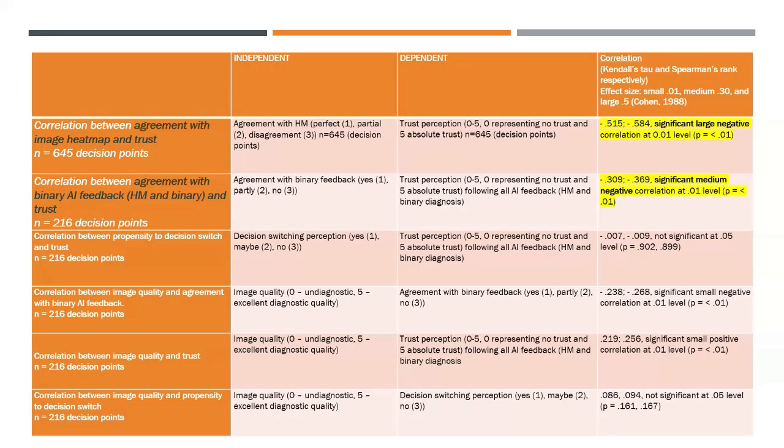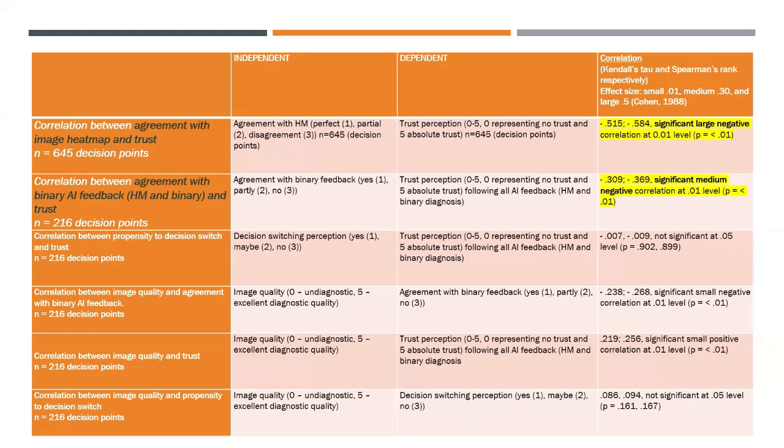So the focus of this study, as a recap, was the lack of trust of these clinicians, and we wanted to investigate whether there's a pattern of factors which may cause this. The results demonstrated that it was the agreement, obviously, between the AI and the user decision which was the main contributing factor. But the bit I want to draw your attention to is the strength of the two significant findings, and the large negative correlation between the agreement with the image heat map and trust.